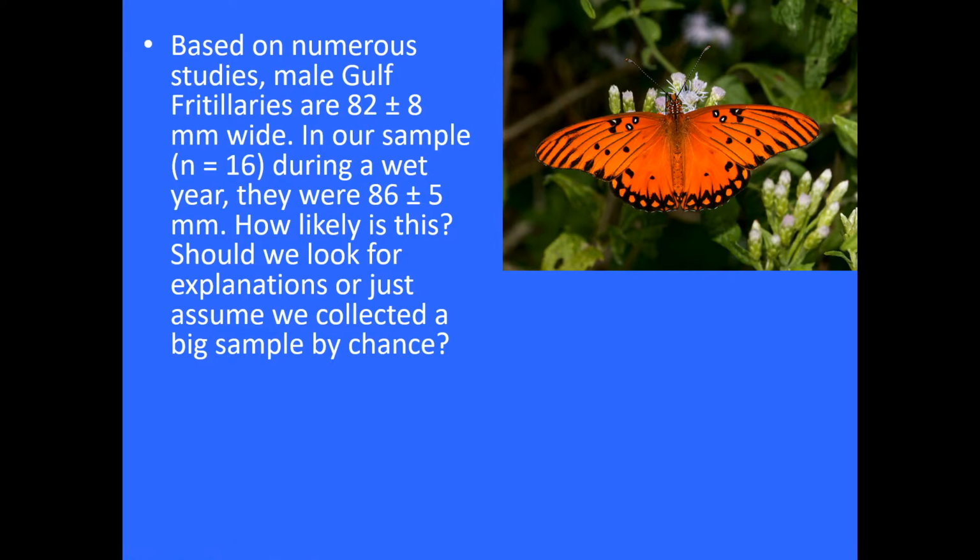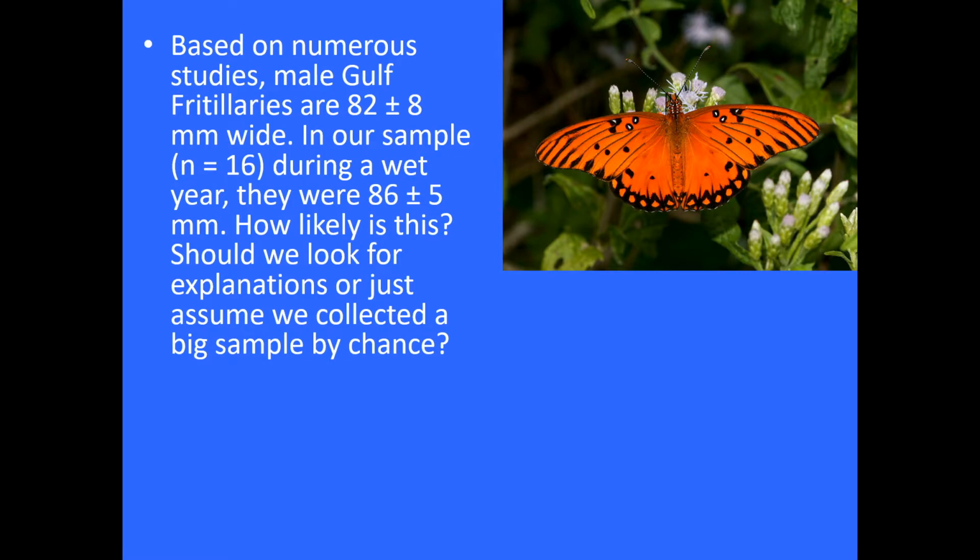Because that's what these butterflies normally are. But instead we get this seemingly high number. We know that getting a single butterfly of 86 millimeters is fairly likely, but how likely is it that in a big sample of 16, the average would be 86? That's what a sampling distribution is used for.